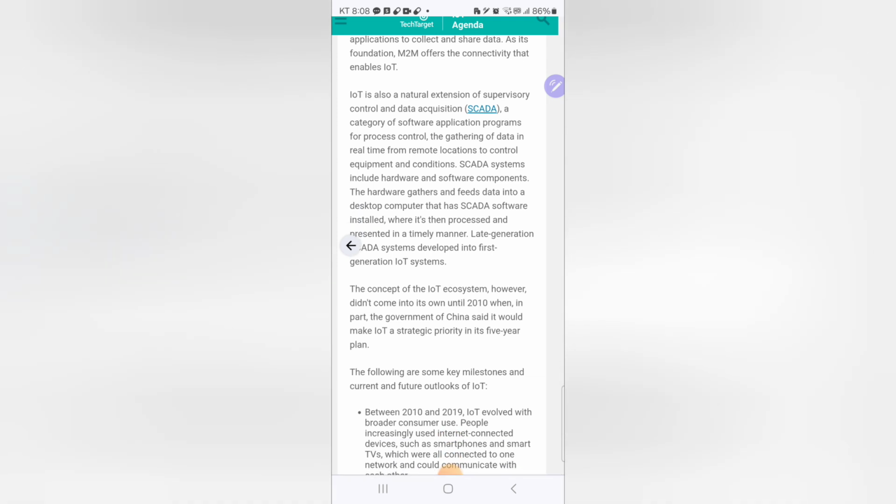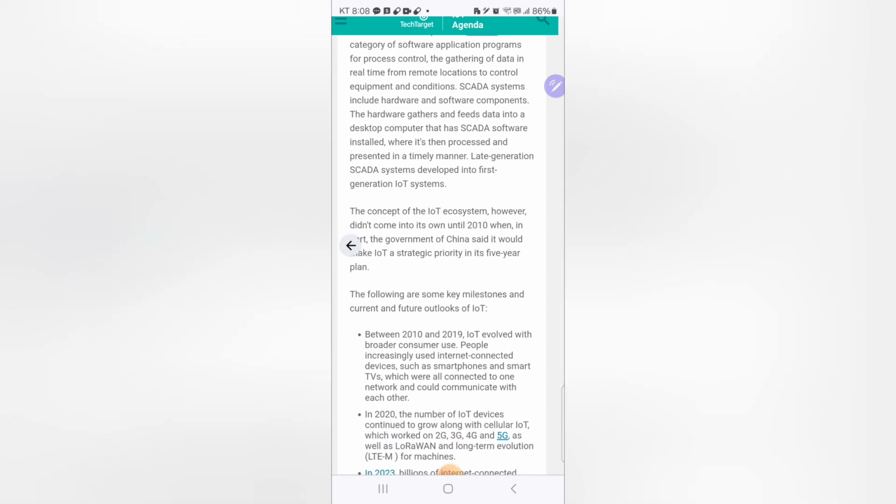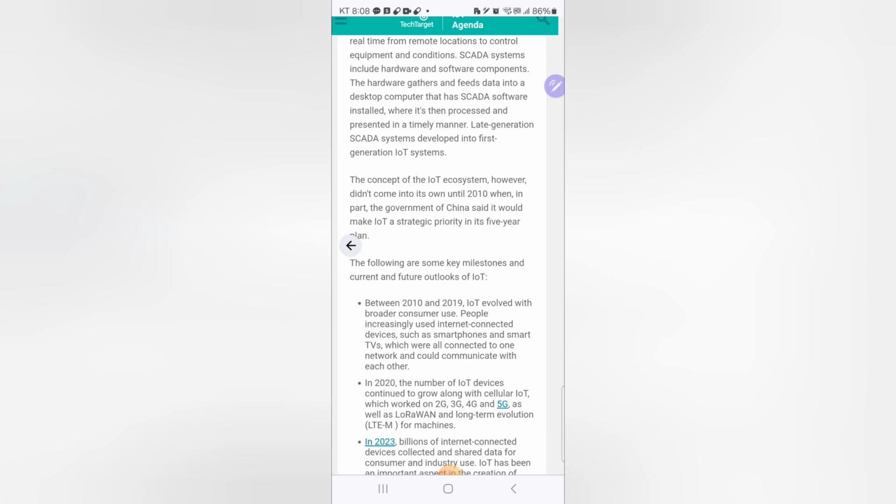SCADA systems include hardware and software components. The hardware gathers and feeds data into a desktop computer that has SCADA software installed, where it's then processed and presented in a timely manner. Late generation SCADA systems developed into first generation IoT systems.